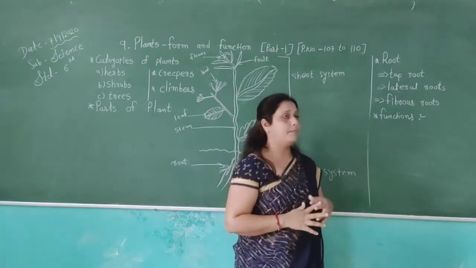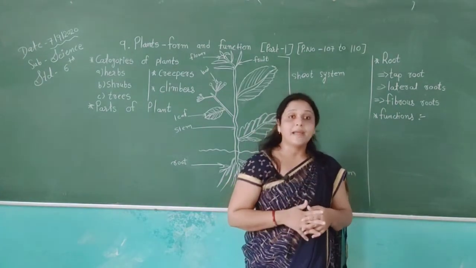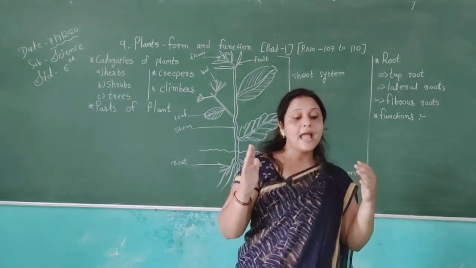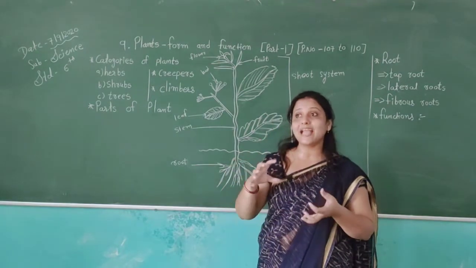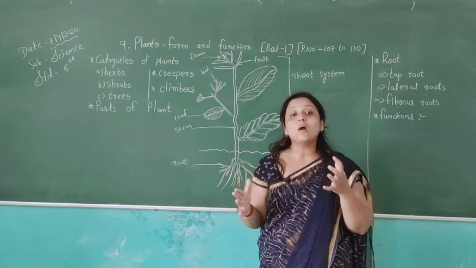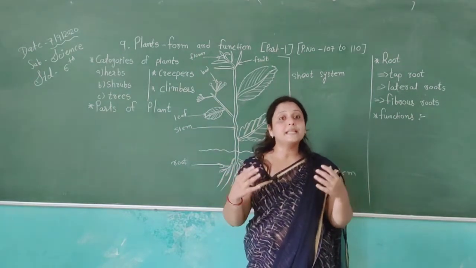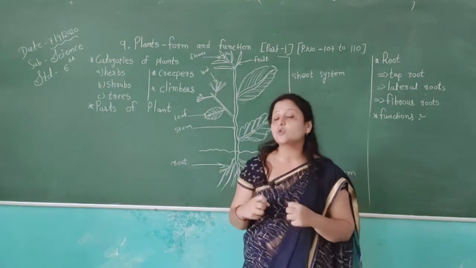Then the functions of roots. Using roots, plants can do many things. Roots anchor the plants to the soil. That means they hold the soil, and from the soil they get many useful things for making their food. Roots take in water and minerals from the soil.